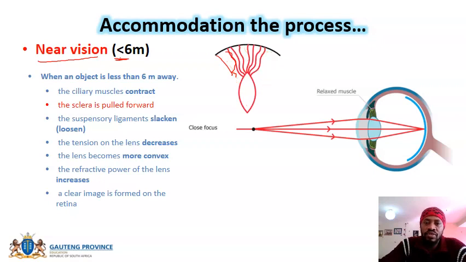I have two choices. Do I need a convex lens or a concave lens? That's the first thing we must ask ourselves. To answer this question, we need to remember, oh, they say near object.